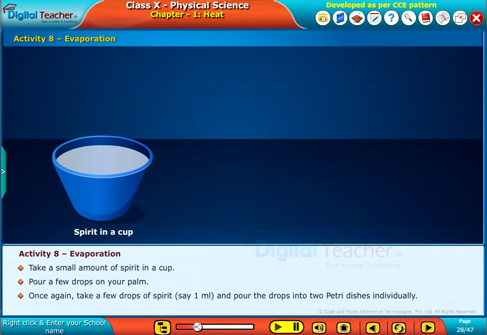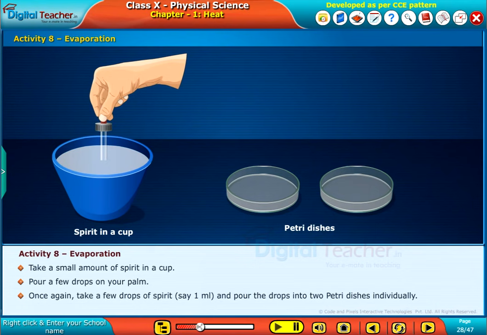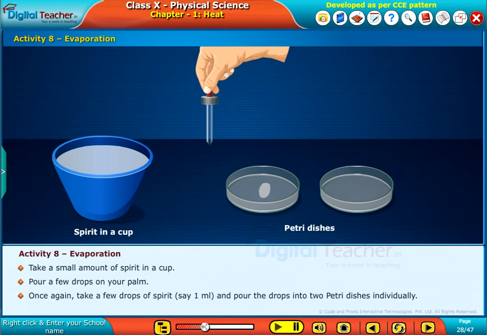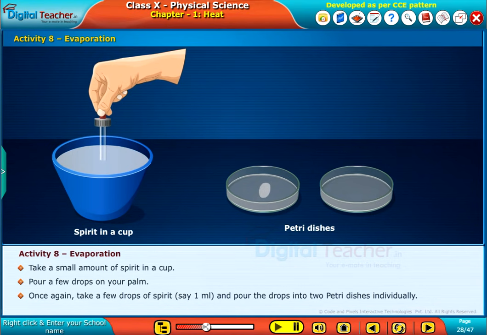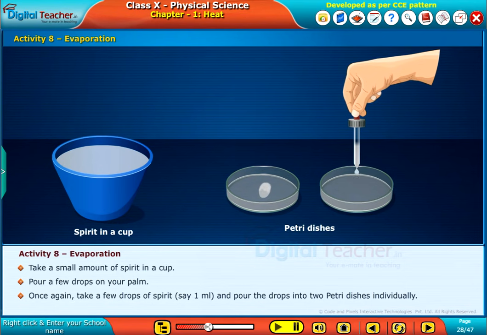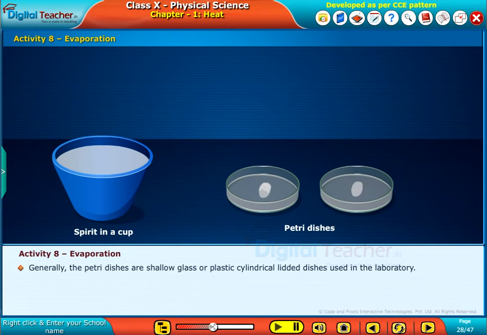Once again, take a few drops of spirit, say 1 ml, and pour the drops into 2 petri dishes individually. Generally, the petri dishes are shallow glass or plastic cylindrical lidded dishes used in the laboratory.